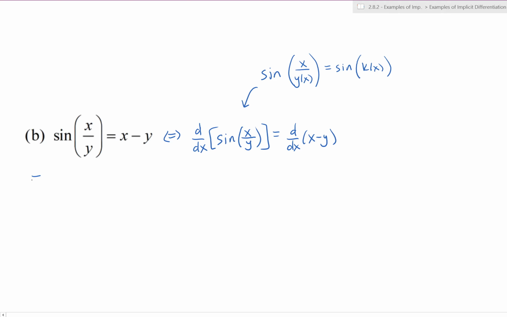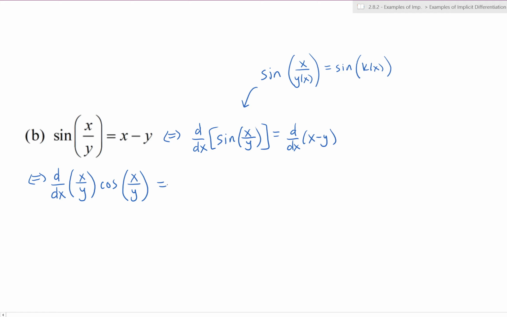Left-hand side, derivative of sine of x over y: the derivative of the inner function, d/dx of x divided by y, times the derivative of the outer function, sine, which gives us cosine of the inner function, x over y.